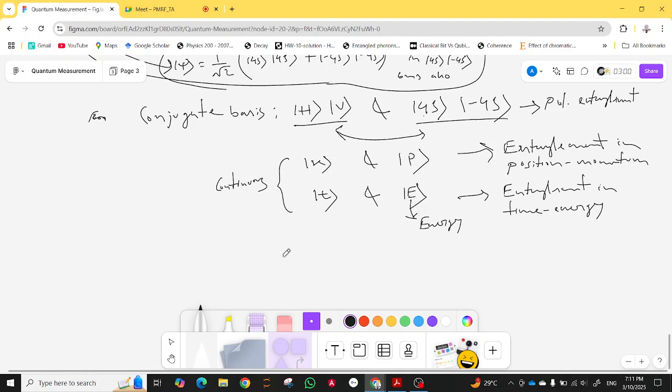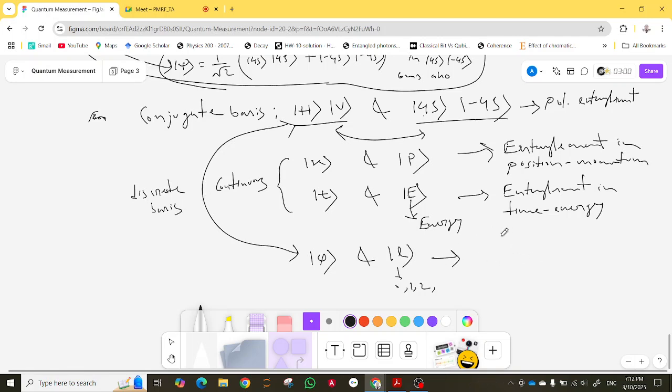Another example of a discrete basis will be angle and orbital angular momentum, this angle phi and orbital angular momentum L. These two are also conjugate bases, but these two are discrete. Like L can have values 0, 1, 2, etc. Phi is also a discrete angle, right? So here you also have entanglement in angle and orbital angular momentum.